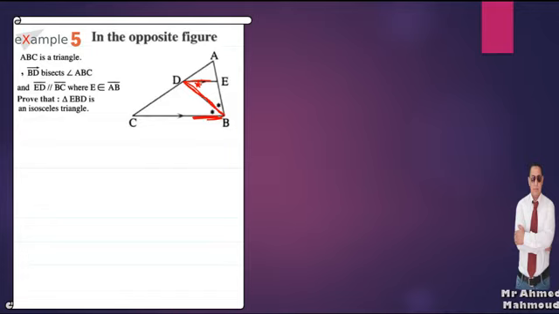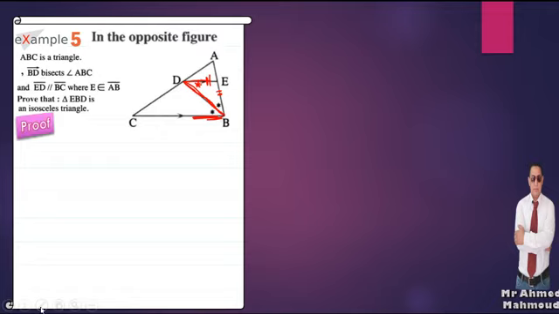Since angle DBC equals angle DBE, therefore angle EBD equals angle EDB, therefore this triangle is an isosceles triangle. Angle CBD equals angle EBD because DB bisects angle B, and angle EDB equals angle CBD, alternate angles, therefore angle D and angle B are equal, therefore the triangle is isosceles.